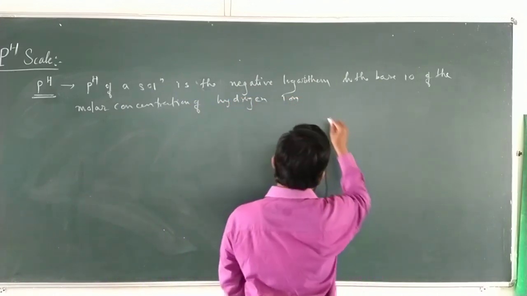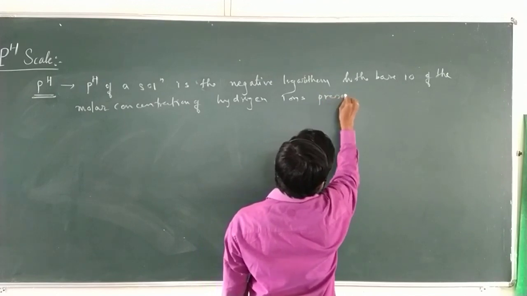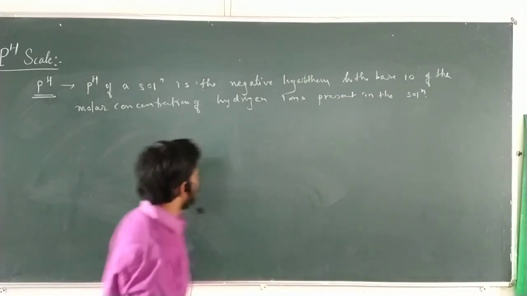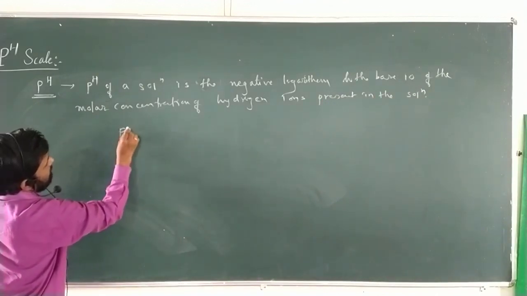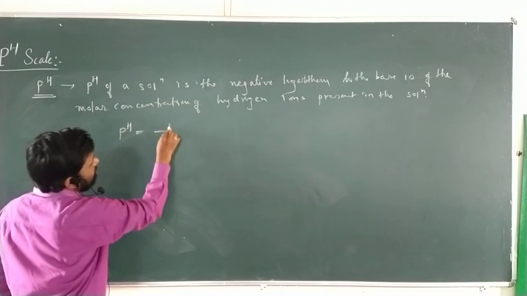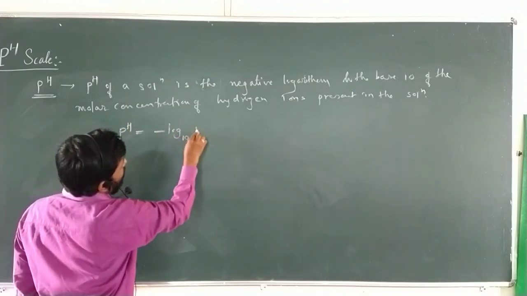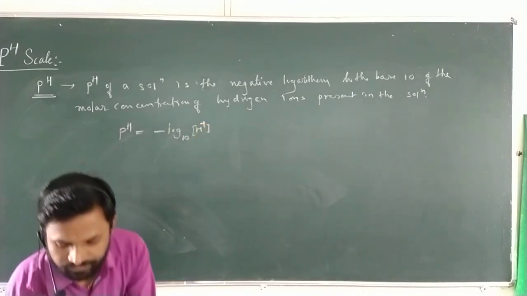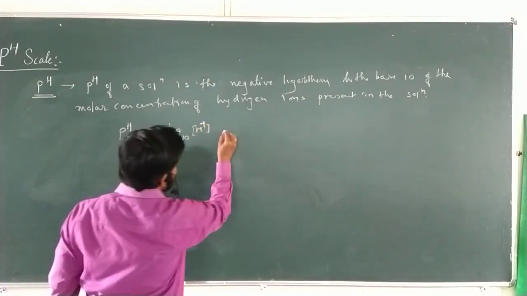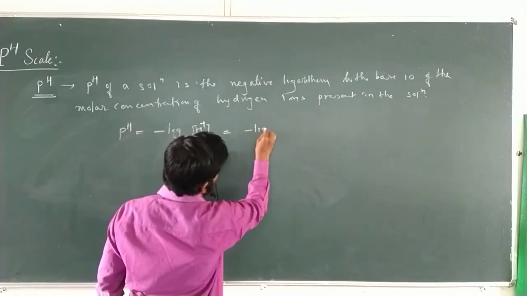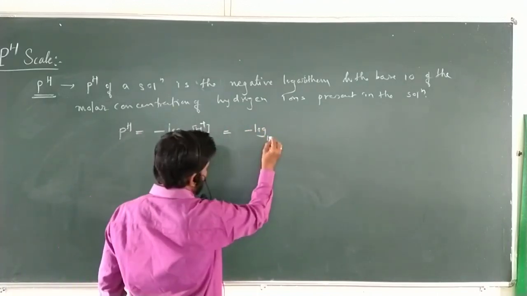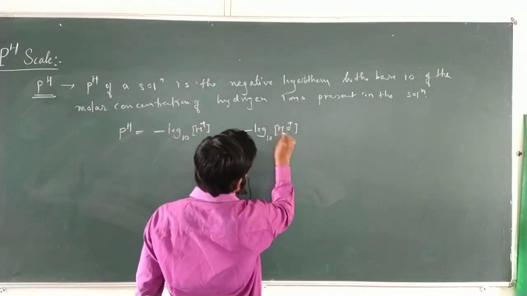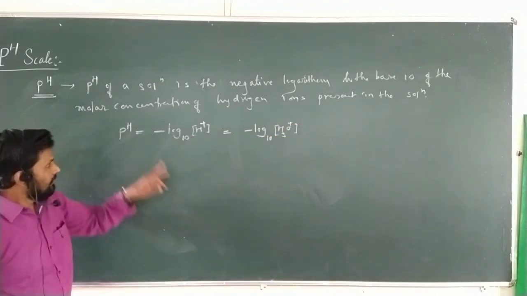Hydrogen ions present in the solution, that is nothing but mathematically, pH equal to negative logarithm to the base 10 of the molar concentration of hydrogen ions. This can also be written as the negative logarithm to the base 10 of hydronium ion concentration. Both are the same; you have to remember it.